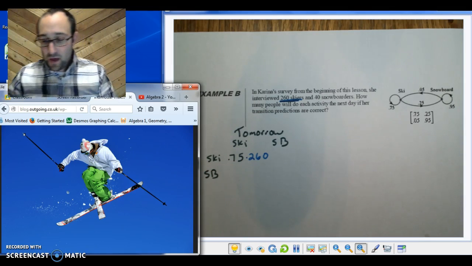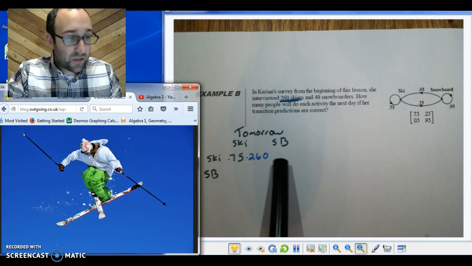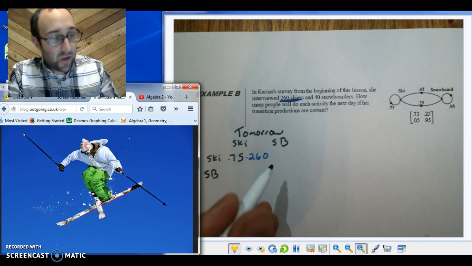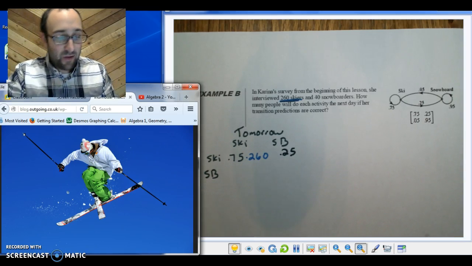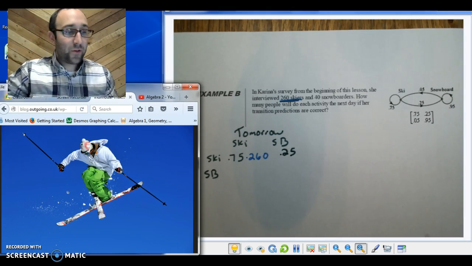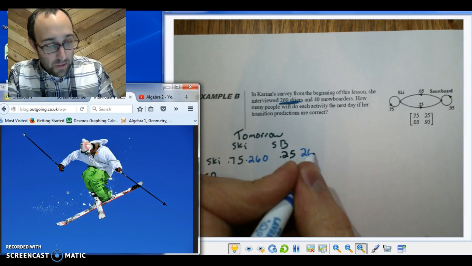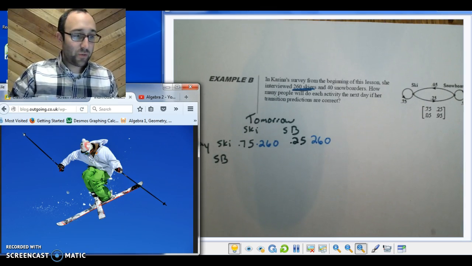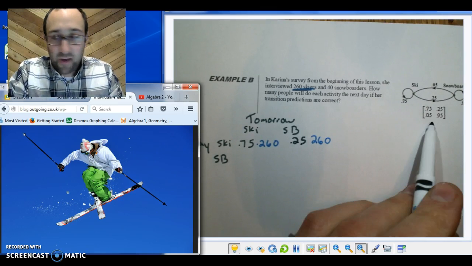All right. And then how many of those skiers are planning on snowboarding the next day? Well, we have the matrix already set up as 0.25. So we've got 0.25, and we're going to multiply that by the 260. All right, then we're going to do the same thing with the snowboarders. How many snowboarders are planning on skiing the next day? It is 5%.